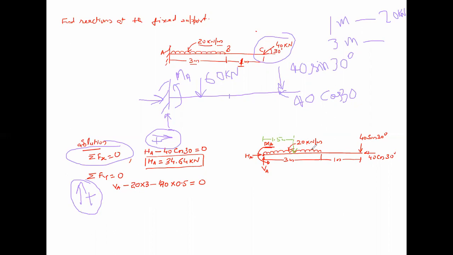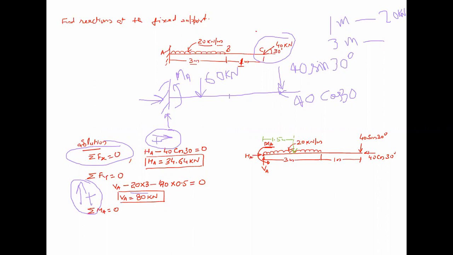The 20 UDL is acting over the span of 3 meters, so the total force will be 20 into 3. And then 40 sine 30, sine 30 means 0.5. So 40 into 0.5, is equal to 0. If you solve it, you will get VA is equal to 80 kilonewton. So this much vertical reaction must act at point A in order to maintain this cantilever in equilibrium. If you reduce this VA, the body will not be in equilibrium.